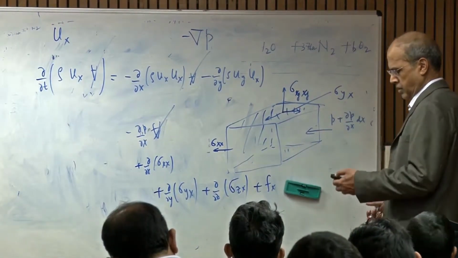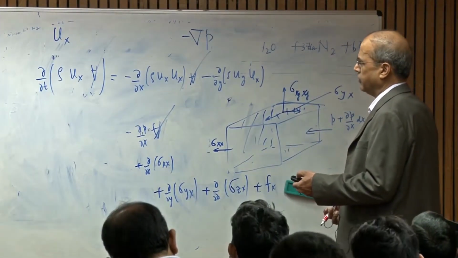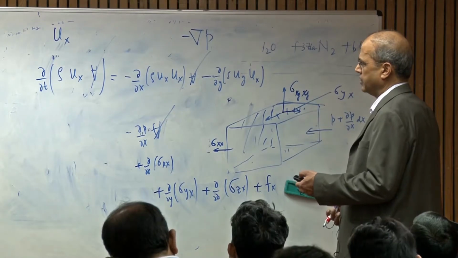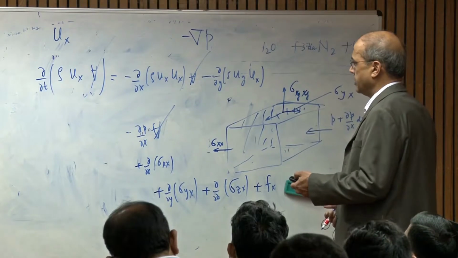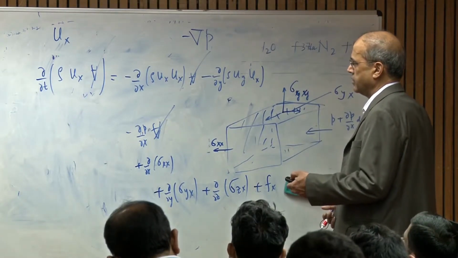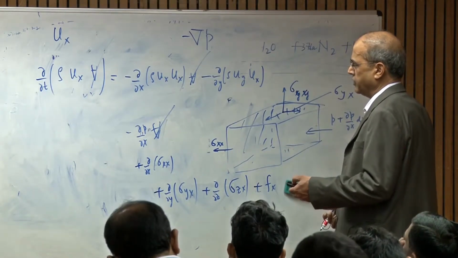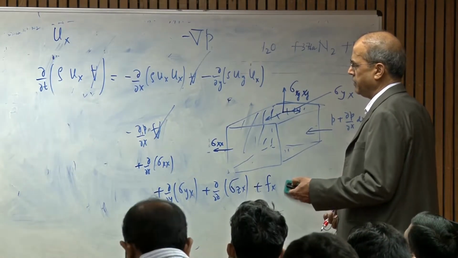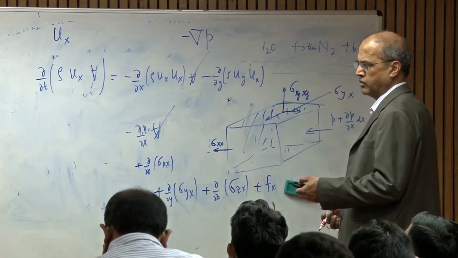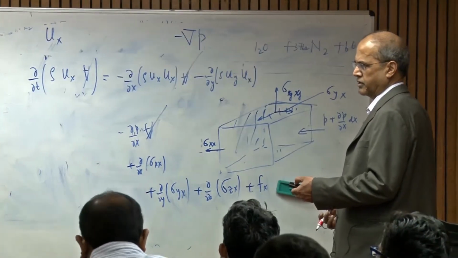Okay. Now here I have written also in the vector form. So this is the form which is like three-dimensional. Okay, here I could be x, y, and z, three directions.